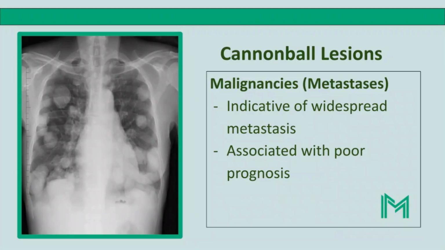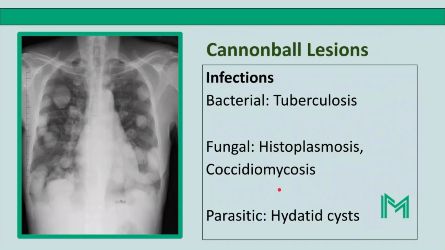Remember, by the time we see metastasis, it is indicative of poor prognosis. If you see cannonball metastasis, it's indicative of widespread metastasis, not just to the lungs but to other parts of the body, including the brain, the bone, etc. Once there's metastasis, it is usually associated with a poor prognosis.